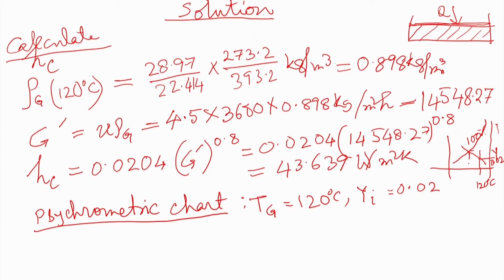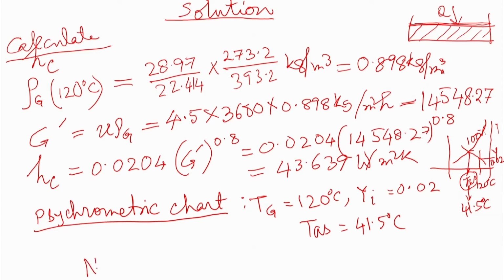That point gives us TAS. From the psychrometric chart, we get TAS equal to 41.5 degree Celsius.